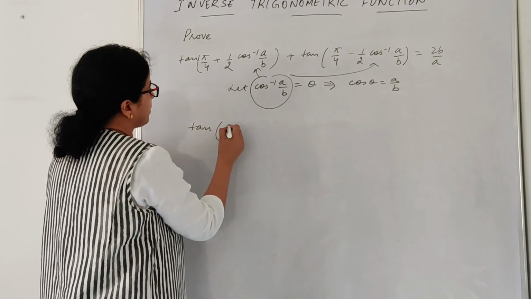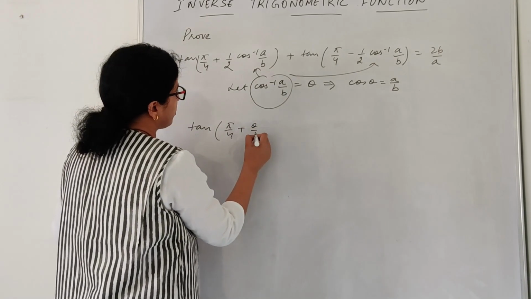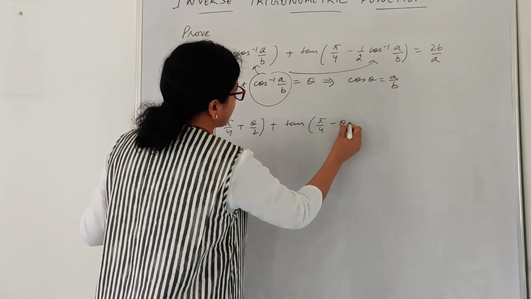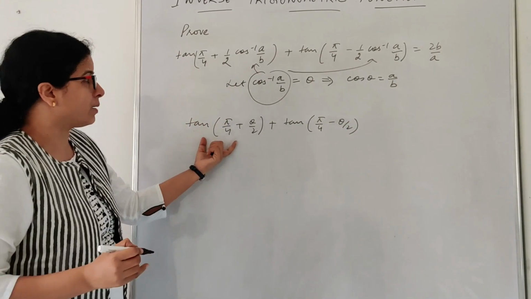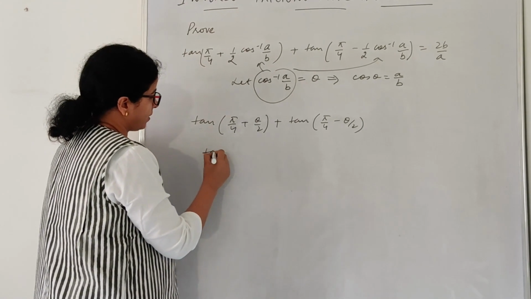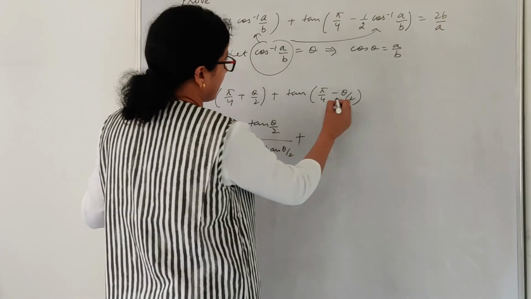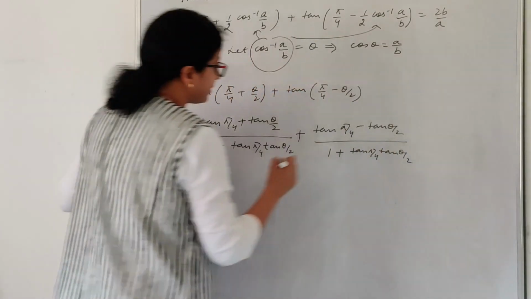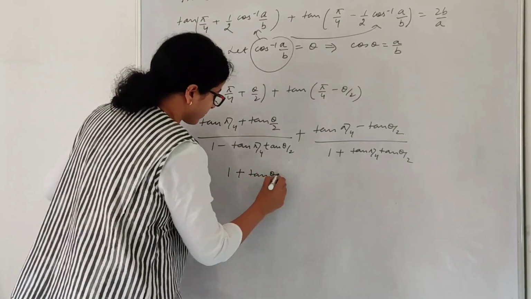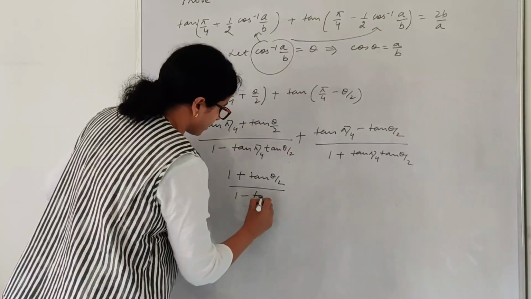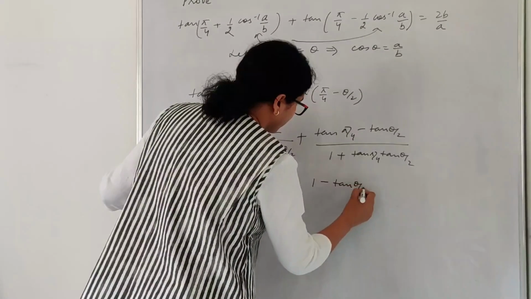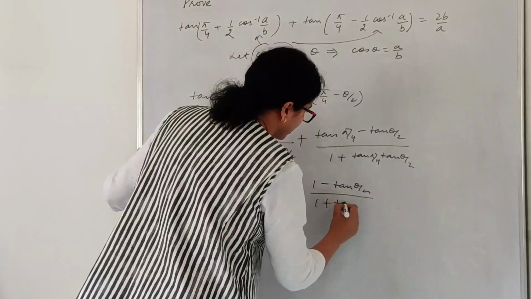tan(π/4 + θ/2) plus tan(π/4 − θ/2). I will apply the formula of tan(a + b) here and tan(a − b) here. So what will I get? I'll get here tan... again the tan(a − b) formula. Now apply the value of tan π/4. So what are you getting? (1 + tan θ/2) upon (1 − tan θ/2) plus (1 − tan θ/2) upon (1 + tan θ/2).